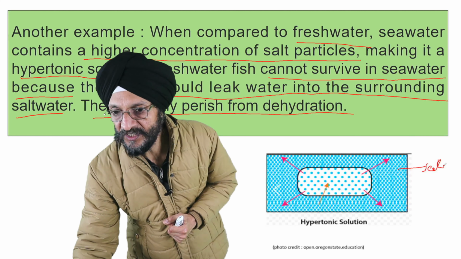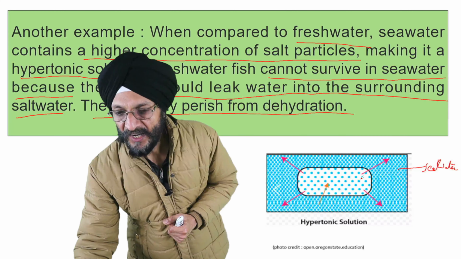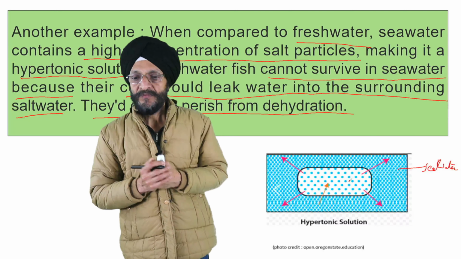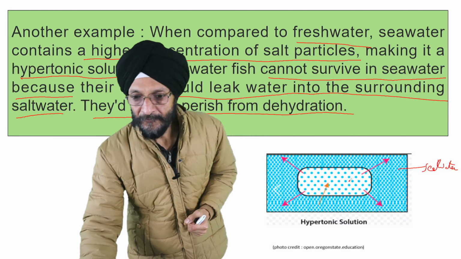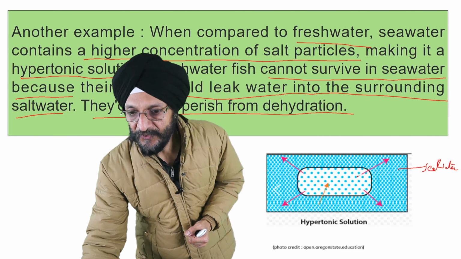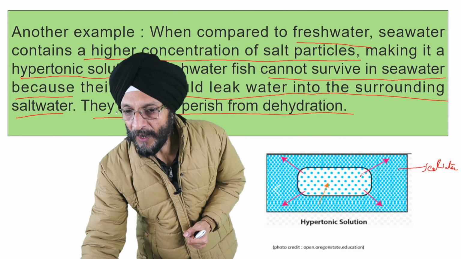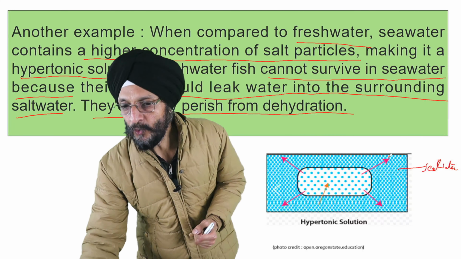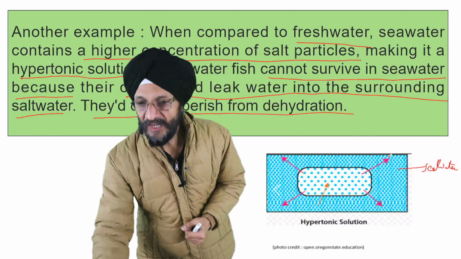This is the sea water and this is the cell of a freshwater fish, and what will happen? The water will come out of the cell of the fish into the sea water.